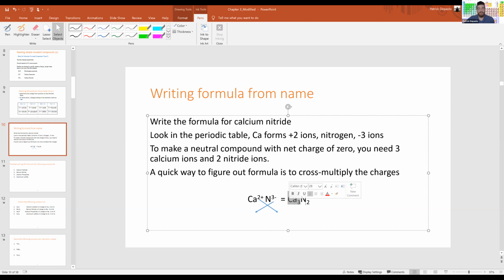Then +6 and -6 cancel out. But a short way to do it is this crisscross rule. You just take the numbers and put them on each side. The reason why I don't like that is because of, yes. If you want a more general rule, couldn't you just say find the least common denominator? Or not the denominator, the least common multiple.